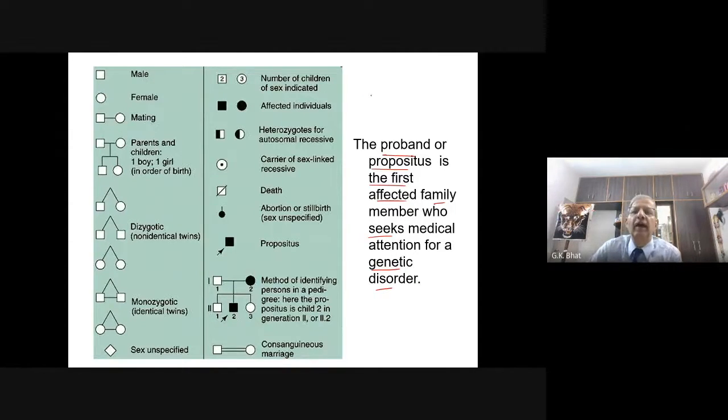One day a male grandchild is taken to a doctor, and the doctor says that this grandchild is suffering from sickle cell anemia. Then the grandchild is called the proband. Proband is also known as a propositus. Please note down, propositus or proband is the individual in whom the disorder was first noticed.